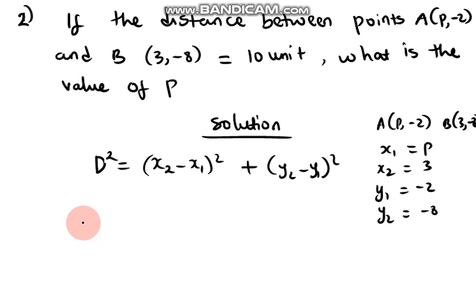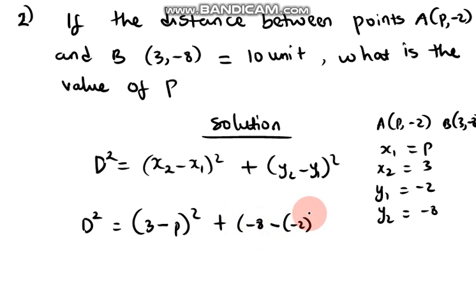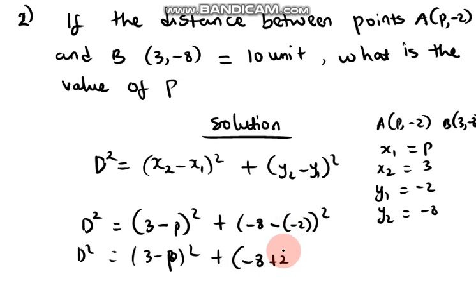So if we substitute that, d square is equal to 3 minus p, everything square, plus minus 8 minus minus 2, everything square. So d square equals 3 minus p all square plus minus 8 plus 2 all square.